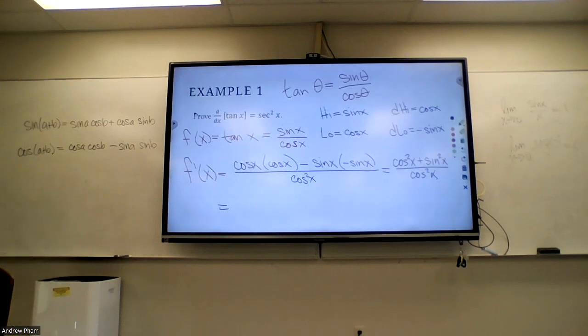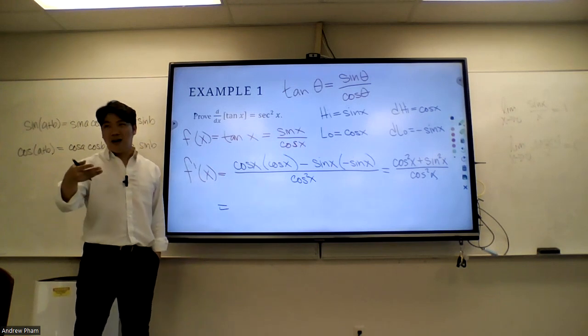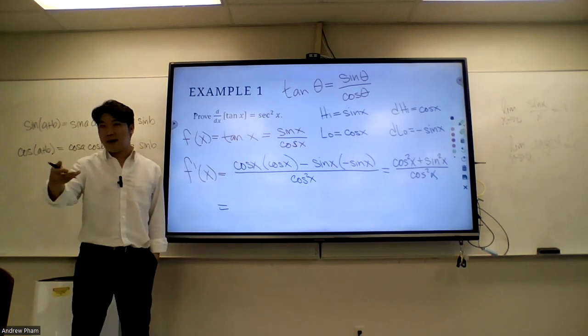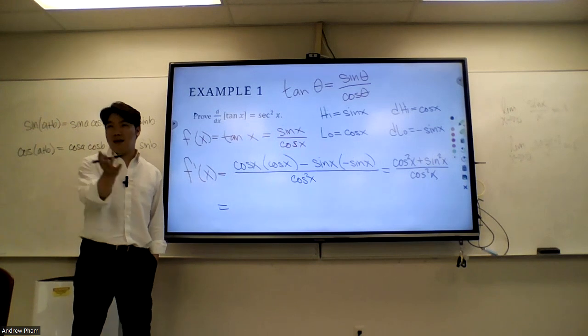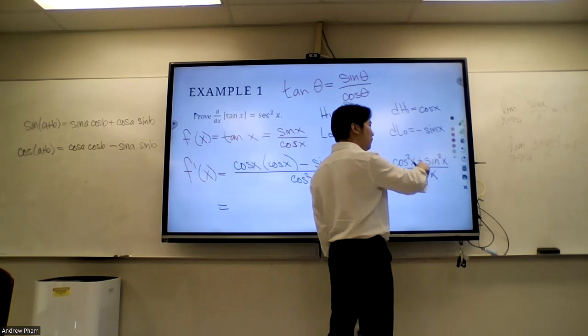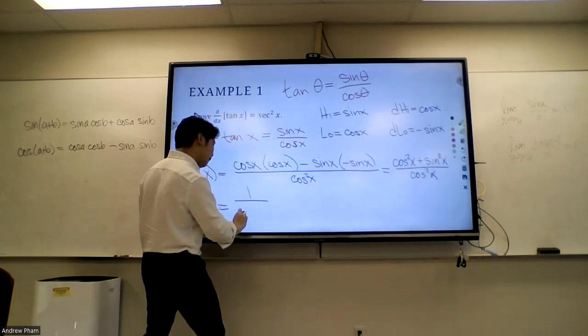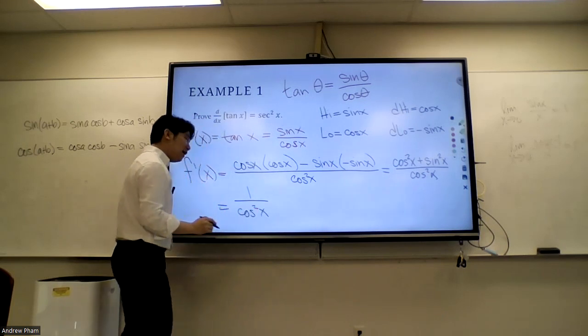Does anyone remember what cosine squared plus sine squared of x is equal to? It's equal to a special number. Yeah, correct. It's 1. This is a trig identity. Again, I'm referring a lot to trig identities. Whenever we actually start working on other problems, I'm not going to be expecting you to know these trig identities. I'm using it for the theory buildup. But cosine squared of x plus sine squared of x, that is exactly 1, over cosine squared of x.